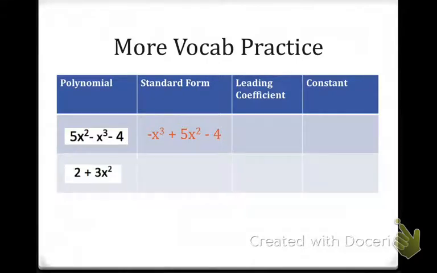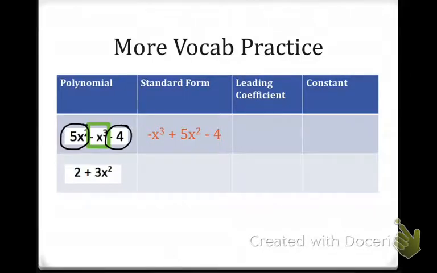And sometimes students struggle with getting their signs correct on their terms. So one of the tricks I've always done is when I do negative x cubed, I kind of put the sign in front of it with it. So this would be negative x cubed first. That's a positive 5x squared, so I put plus, and then it's negative 4, so it's minus 4 when you write it.